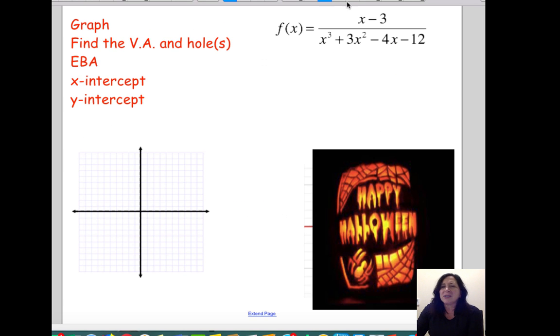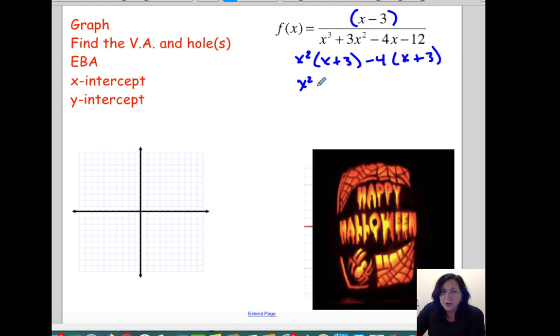So the next question says, there's my equation, and find everything for that. So I'm looking at this. This is done on top, but on the bottom, it looks like I can do factoring by grouping. So I'm going to factor out an x squared, and I'm left with x plus 3. I'm going to factor out a negative 4, and I'm left with, again, x plus 3, which is good because you want those two values to be the same.